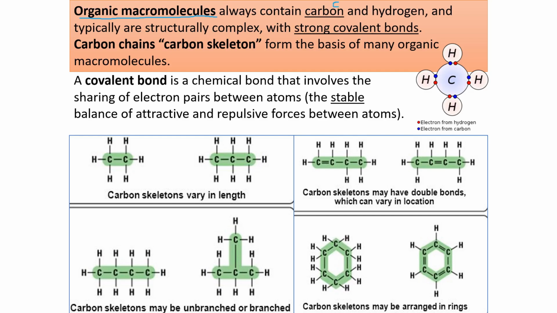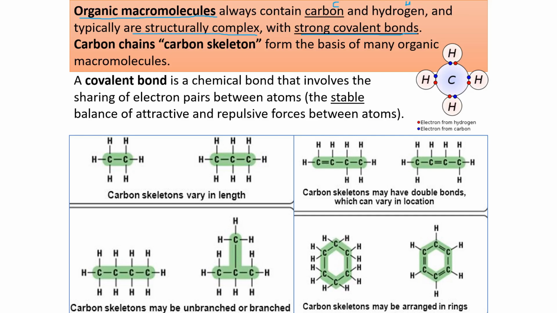What is special about carbon atoms and hydrogen is that they are typically structured more complex compared to inorganic molecules such as water, and they have strong covalent bonds connecting the atoms in these macromolecules.